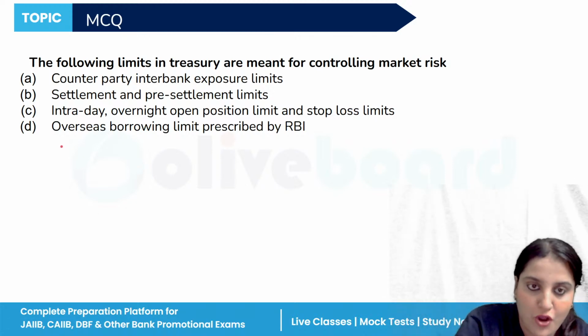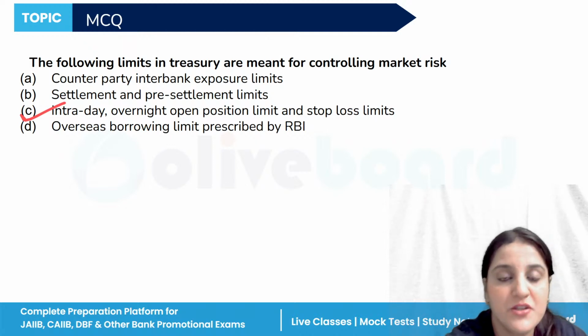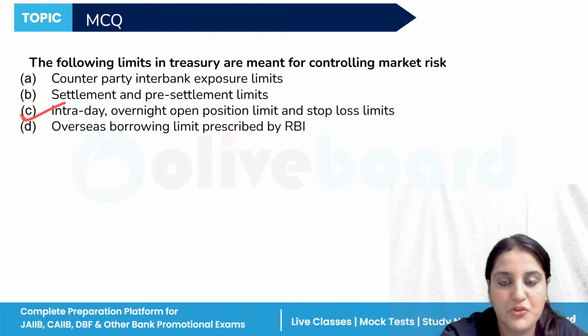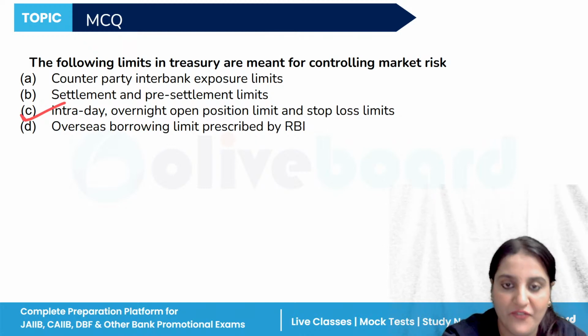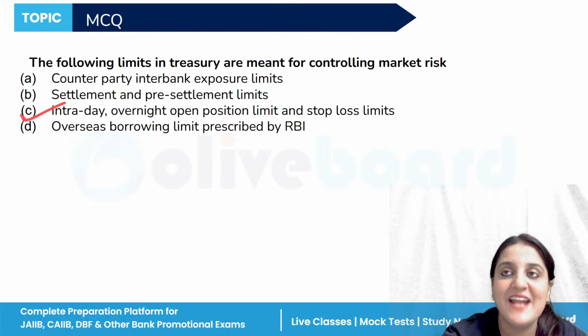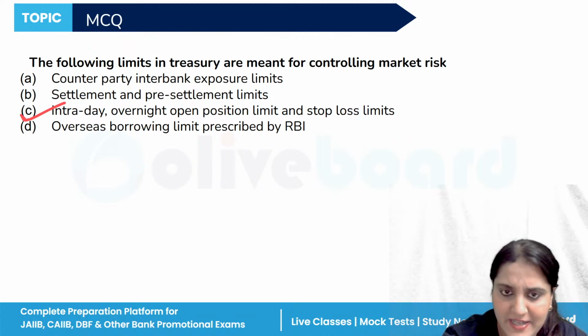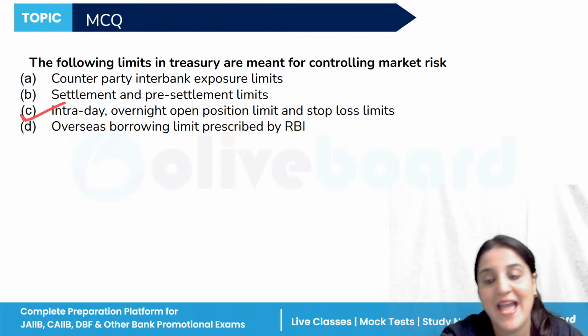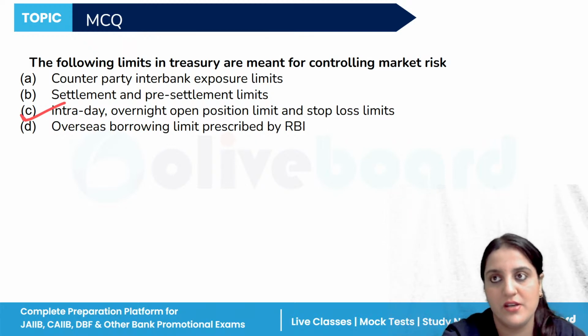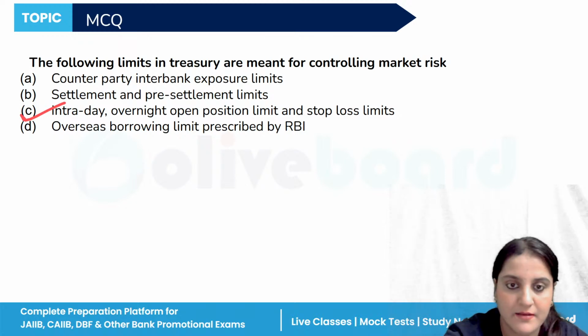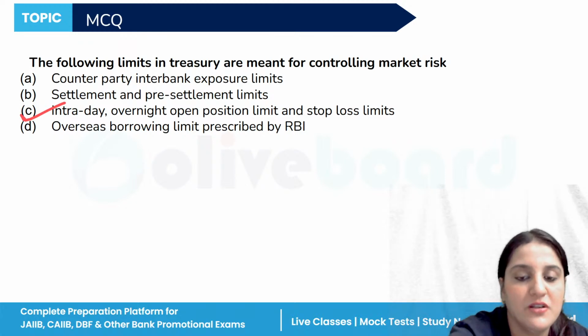The correct option is intraday, overnight open position limit, and stop loss limit. These limits define the maximum amount of exposure a treasury can hold at any given time, both during the trading day and overnight. They help in managing the risk associated with holding positions in a volatile market. So the correct answer is option C.